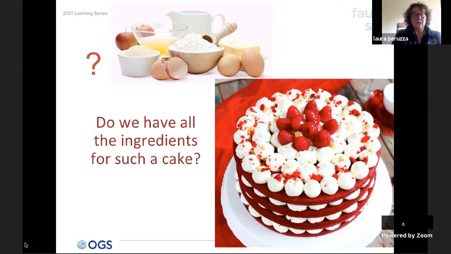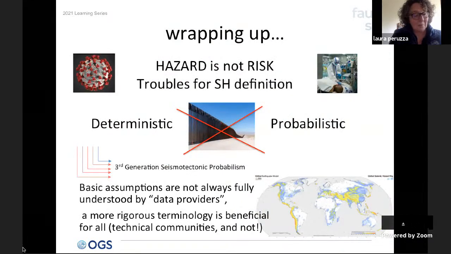And so, because I'm not doing a traditional presentation, I do not write some conclusions, but I am simply wrapping up the ideas presented before. And the ideas are these: hazard is not risk. We have some troubles when we look for a definition of seismic hazard that is acknowledged by the different participants to the hazard assessment.